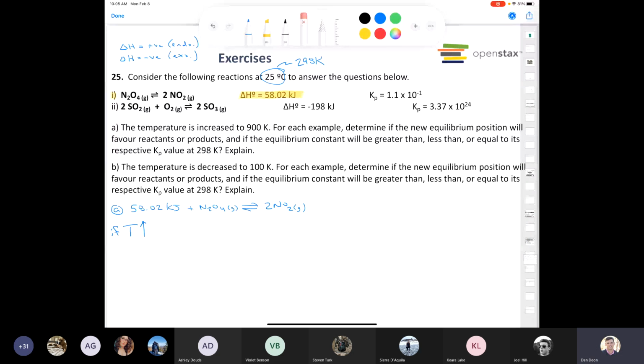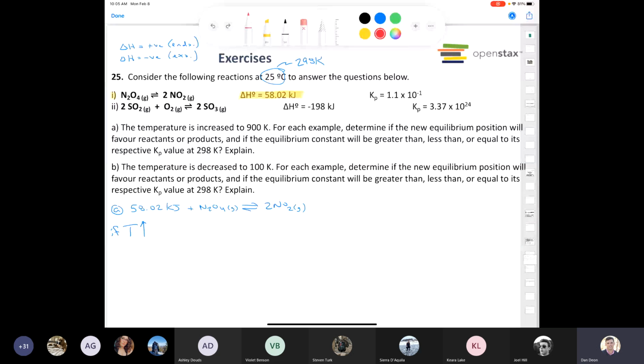You increase the temperature. If temperature is regarded as a reactant and we turn this up, right? If we crank this up, what's it going to do? It's going to shift it towards the products to try to alleviate that strain, right? What's Le Chatelier's principle? You have a system at equilibrium, you place a stress on it, the system is going to shift to whichever side it has to, to eliminate that strain or to alleviate that strain, however you want to phrase it, right?